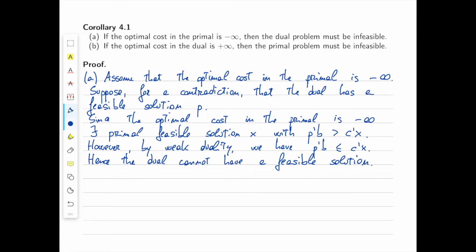This concludes the proof of A. Now the proof of B follows with a symmetrical argument. I suggest that you take the time to fully write down the proof of part B, and this will conclude the proof of corollary 4.1.